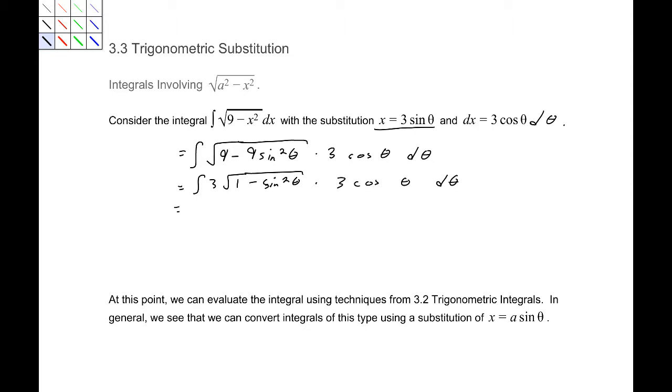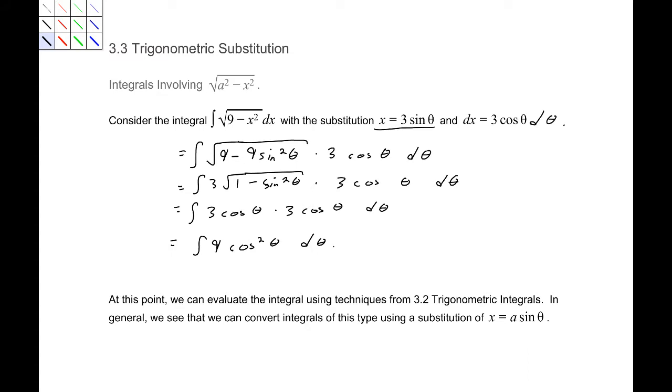Now, based on our Pythagorean identity, sine squared plus cosine squared equals 1, this becomes 3 cosine theta times 3 cosine theta d theta, or simply put, 9 cosine squared theta d theta.